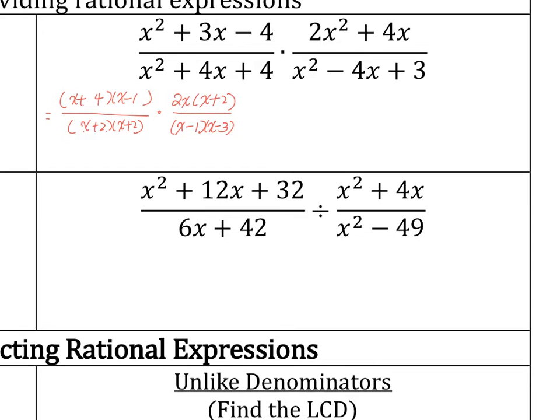Okay, now we're ready to cancel. And anything that's left, you have to put back together. And this is your simplified rational expression.